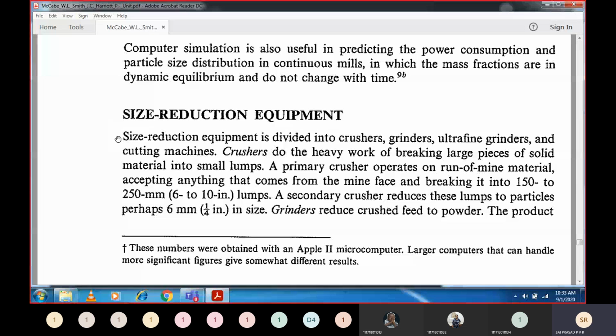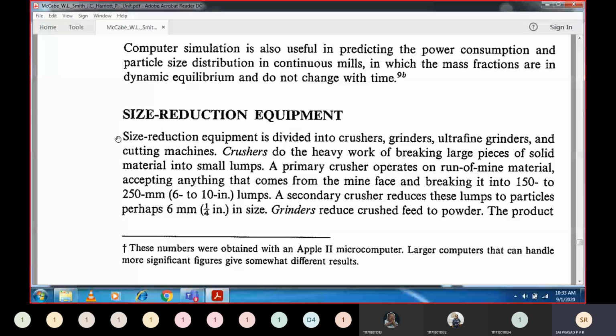Size reduction equipment is divided into crushers, grinders, ultrafine grinders, and cutting machines. So these are the four broad classifications of size reduction equipment. You take the ores; there also we have crushers. Online crushers are there. Then they are reduced to some sizes which are easy for us to transport from the ore to some other place.